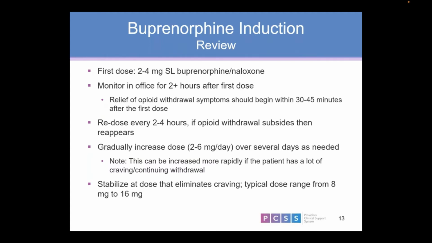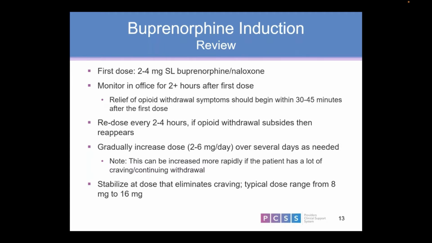After you start it in the office, you would watch them for an hour or two. Usually within an hour, hour and a half, you have a good sense of whether you're moving in the right direction. You could then redo the COWS, see what level of withdrawal they're in, and typically redose at that point with another 2 milligrams, sometimes 4. However, often if I start with 4, I will see how they're doing.